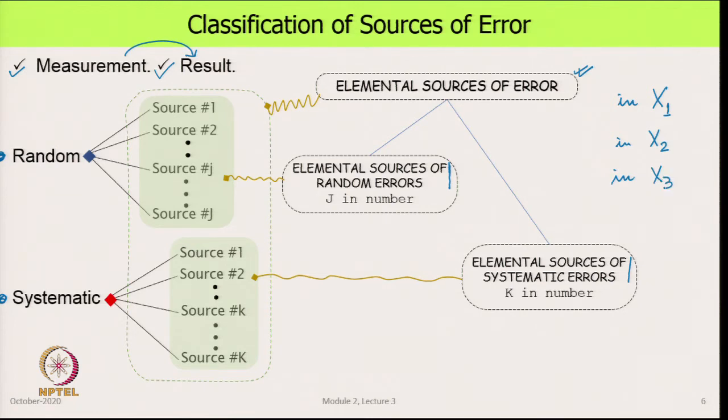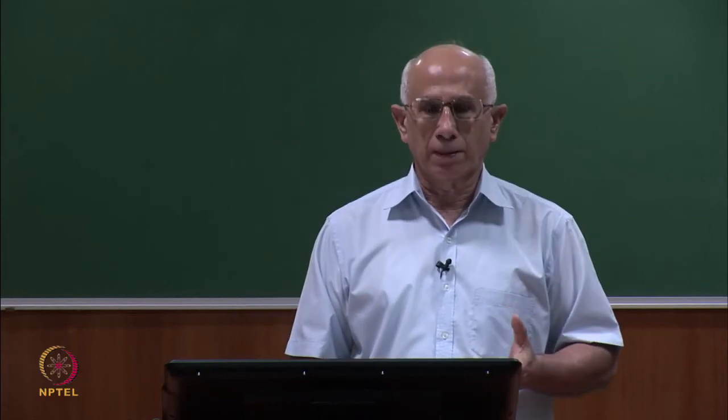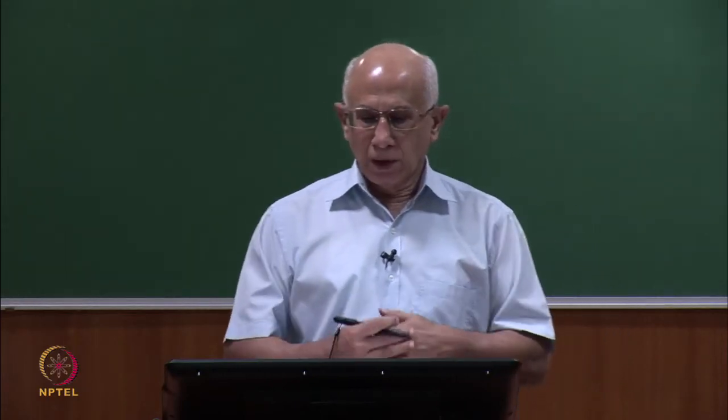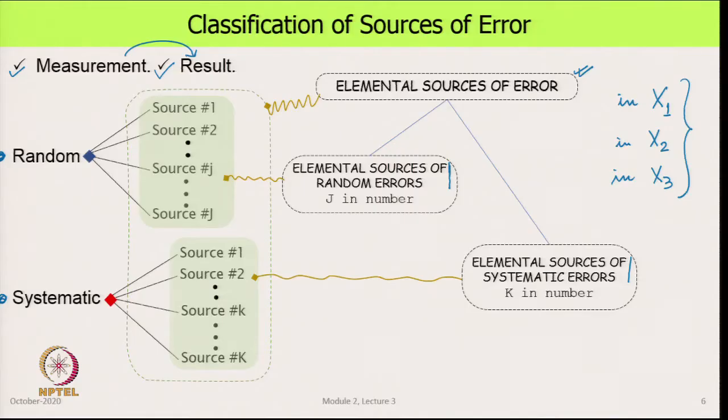For that particular measurement, we will do all this exercise all over again, which means as many measurands or parameters as there are in the experiment, that many times we have to repeat this whole exercise. And all of that we are doing only to get a method to identify the errors and then finally put a magnitude on them. So, this is what we will put a number on.